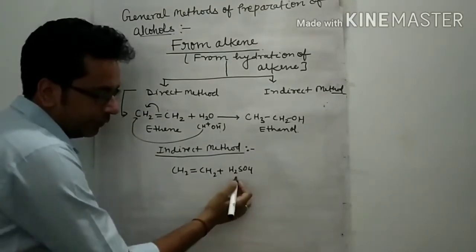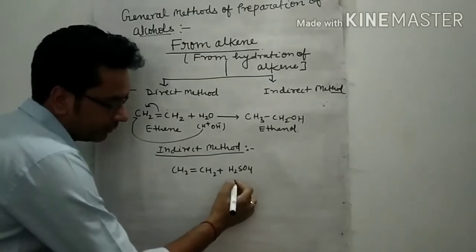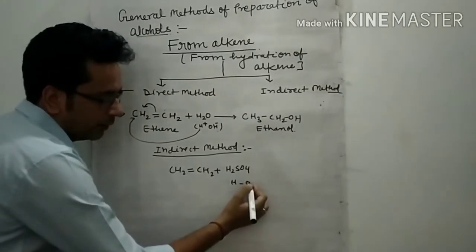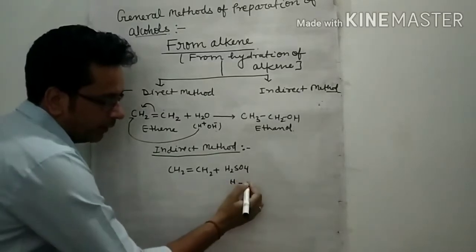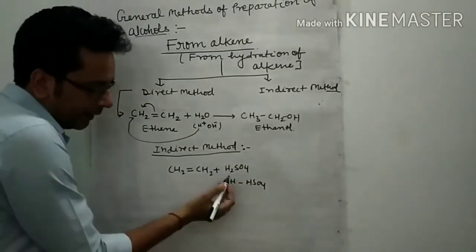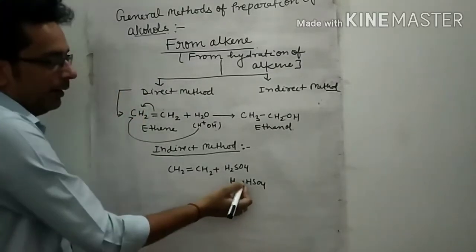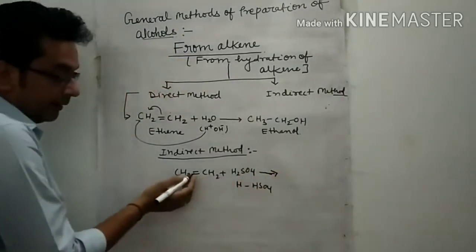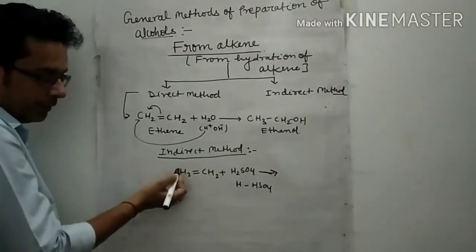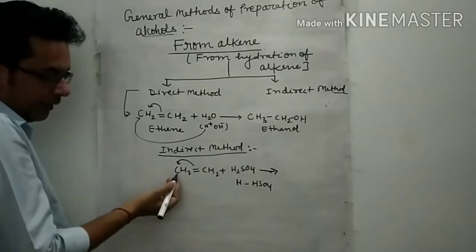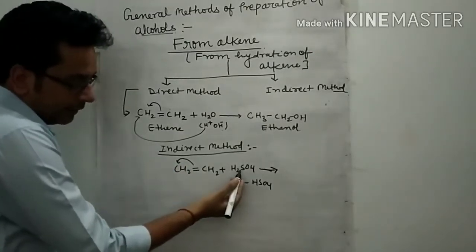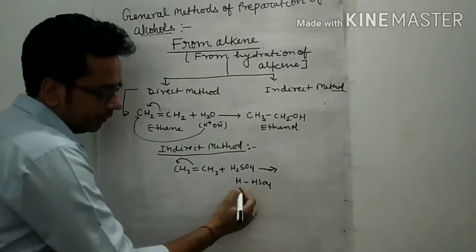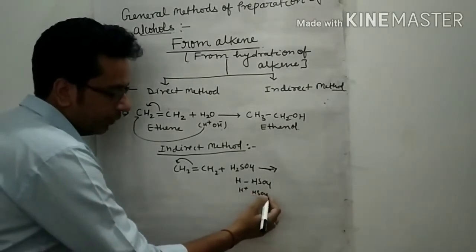Now look here, this sulfuric acid can also be written as H and HSO4, because it dissociates into H plus and HSO4 minus.